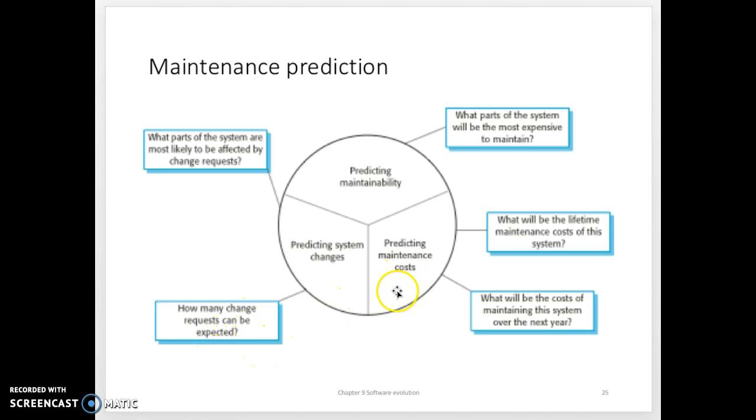And then predicting maintenance cost: what would be the lifetime maintenance cost of this system, and what will be the cost of maintaining the system over the next period of time, such as the next year. So answering these questions helps to predict maintenance.